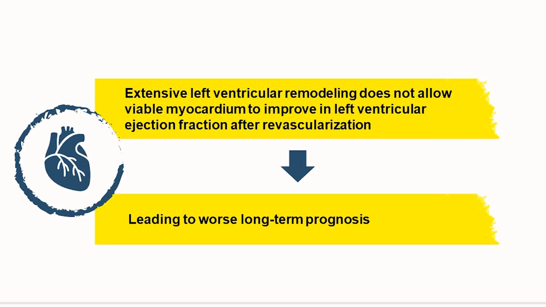We have seen that extensive left ventricular remodeling does not allow the viable myocardium to improve the left ventricular ejection fraction after revascularization. This leads to a worse outcome after the surgery and the prognosis may be bad.